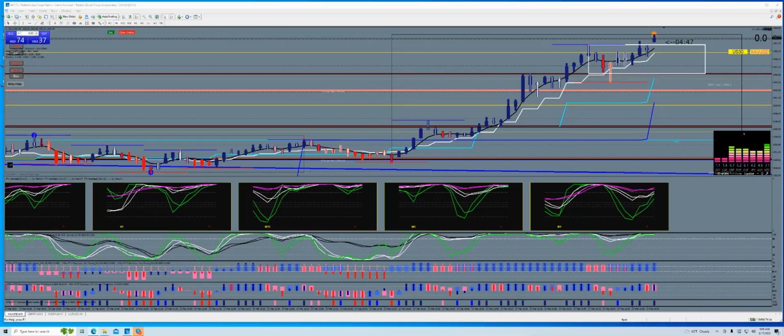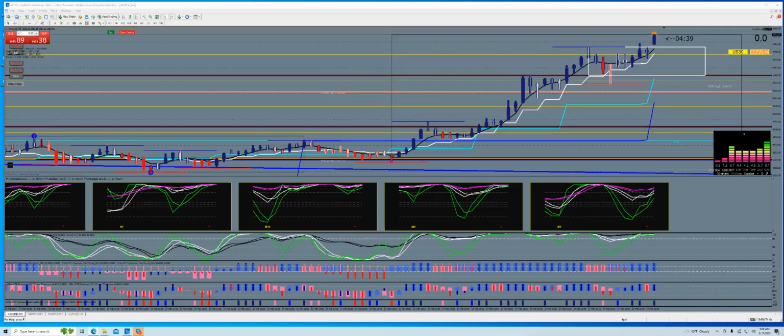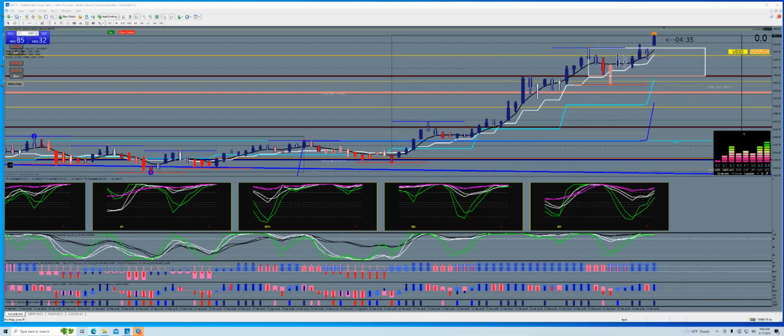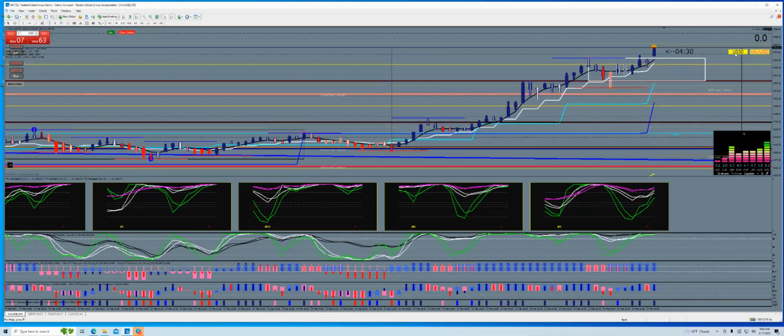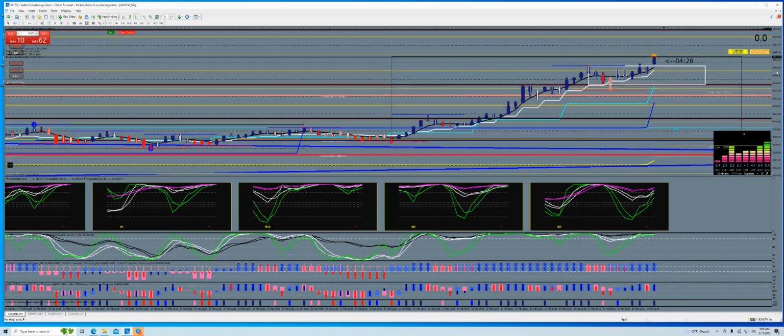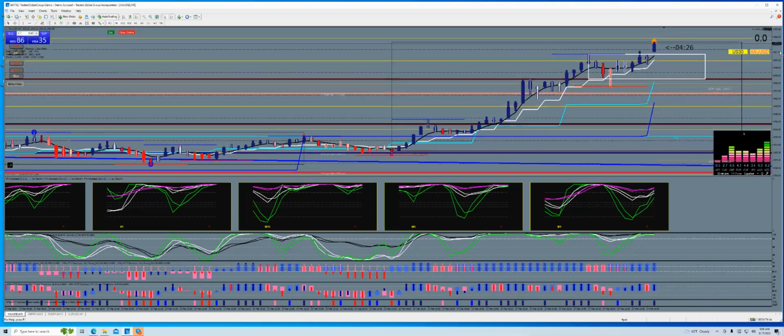Can't even see it yet. They actually flew through stops. Ooh, it's bad. 63.4 versus 67. So it makes sense for it to go up. But then it also makes sense for everybody to be going long.